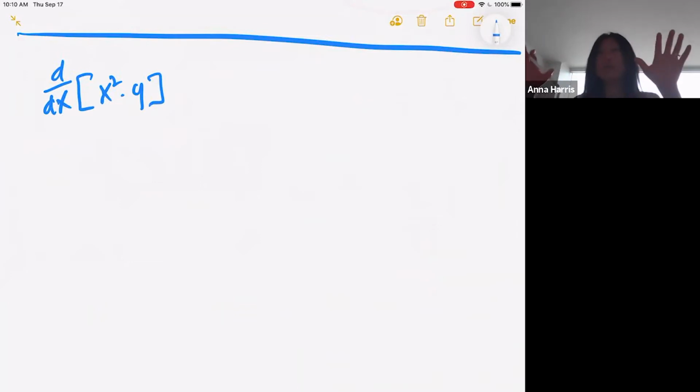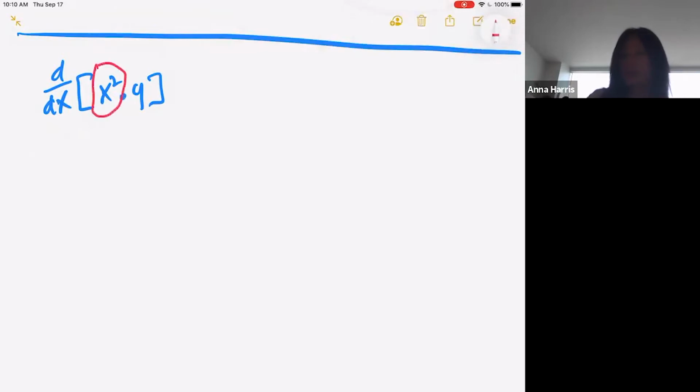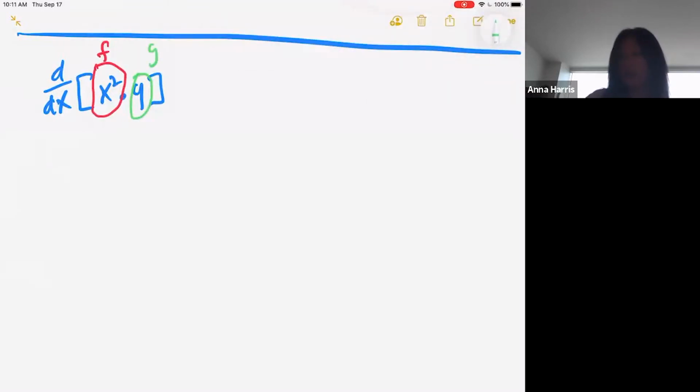Since it's a multiplication, which rule do I need to use: constant rule, power rule, product rule, quotient rule, or chain rule? Somebody tell me, what rule do I need to use? And tell me what is my first one. I usually call this F, and I call this one G.